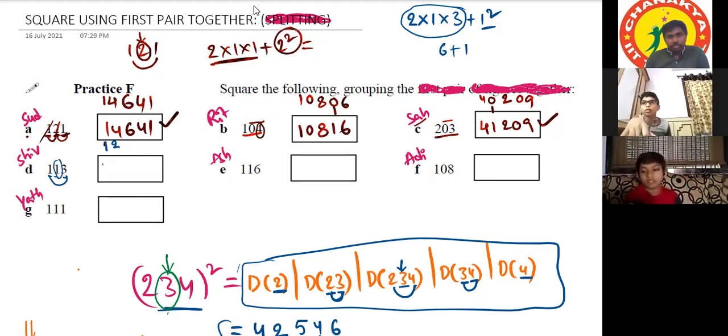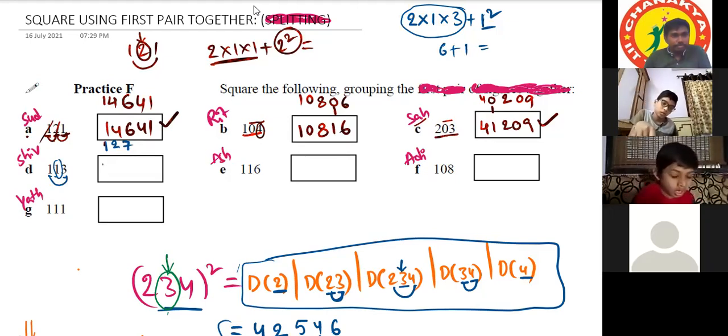Only 7. 1 square is 1 only. So 7. Then the duplex of 13. 1 to the power 1000 is also 1, sir. 1 only.